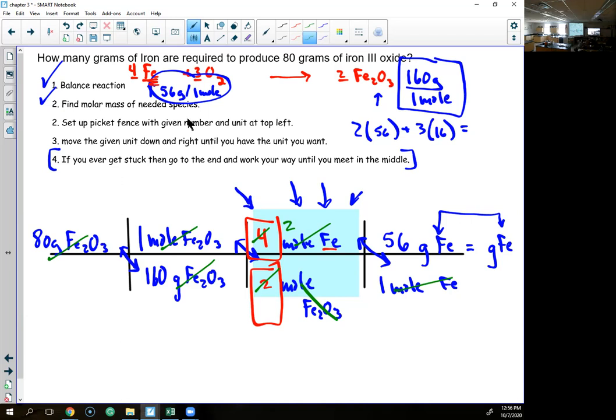So now, the math: you type in every number across the top. So 80 times 2 times 56. And then you divide all of that by 160. Now, most of you in AP will have a calculator that can do parentheses.